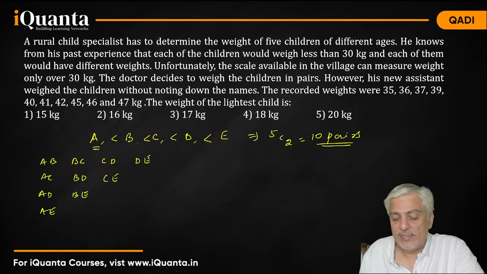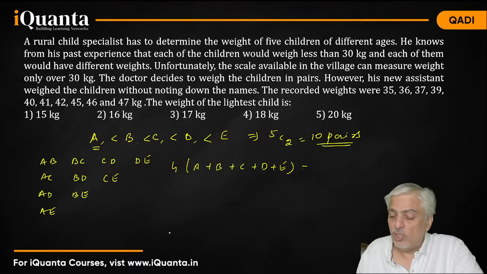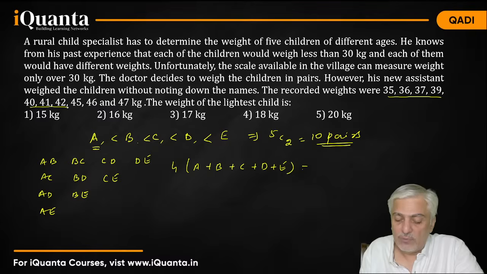This will be the 10 pairs. If you count all of them, you'll have A 4 times. So 4A plus B plus C plus D plus E will be the total of all these numbers: 35, 36, 37, 39, 40, 41, 42, 45, 46, 47.